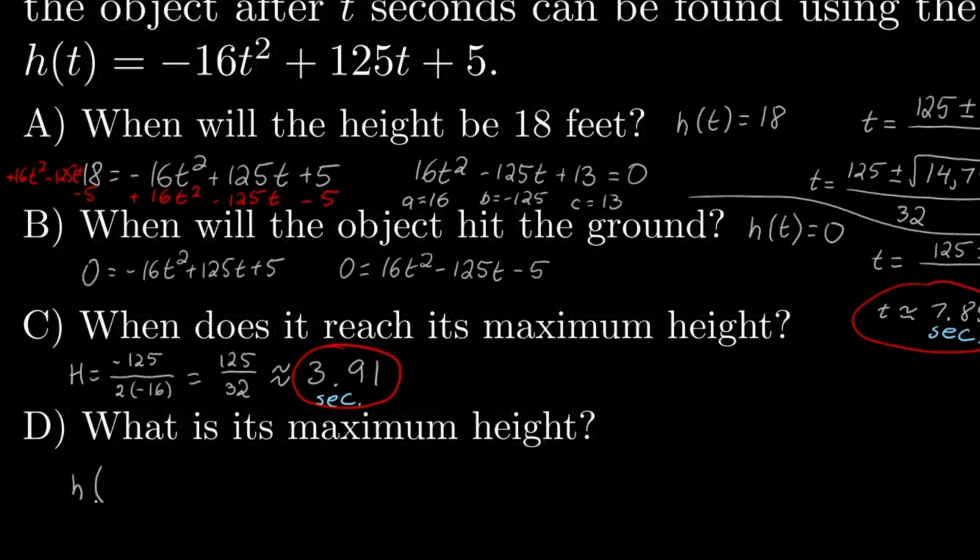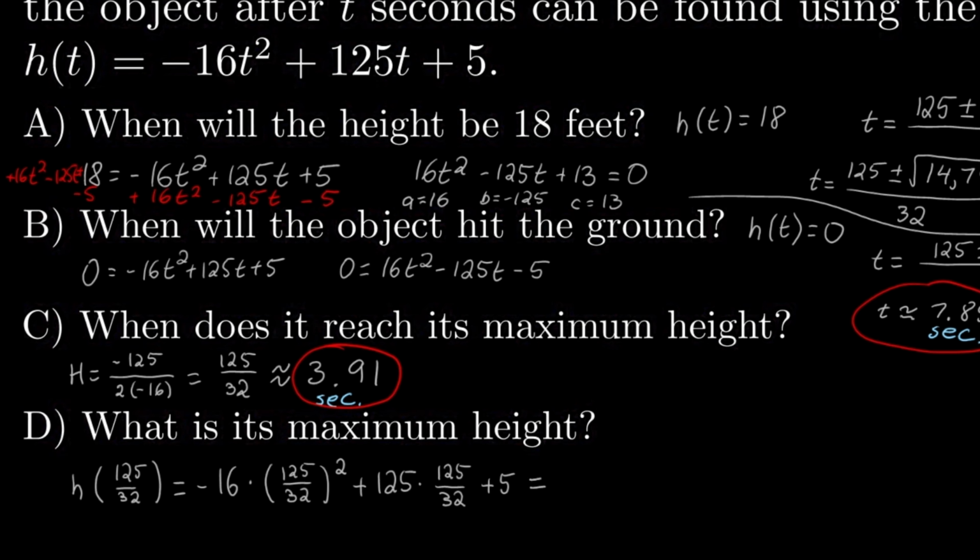So h of 125 over 32 will be equal to negative 16 times this fraction, 125 over 32 squared, plus 125 times that fraction, 125 over 32, plus 5.